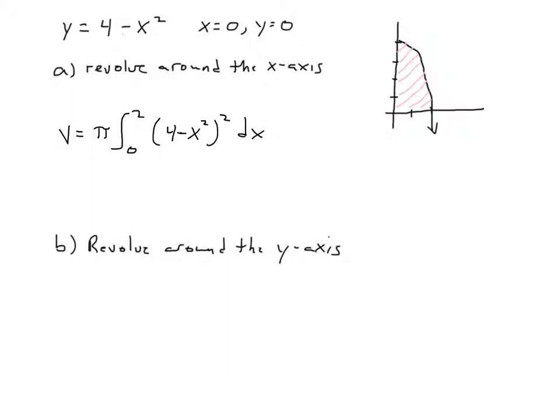So that would be equal to pi times the integral from 0 to 2 of, when I multiply out 4 minus x squared, that thing squared, I will get 16 minus 8x squared plus x to the fourth dx. And at that point, it's just the power rule to integrate that, and then using the fundamental theorem of calculus to find the volume at the end.